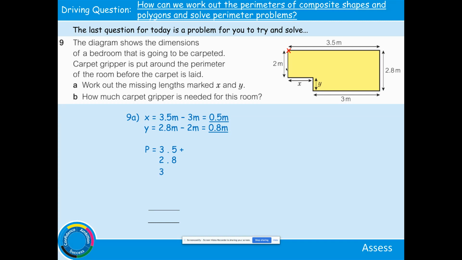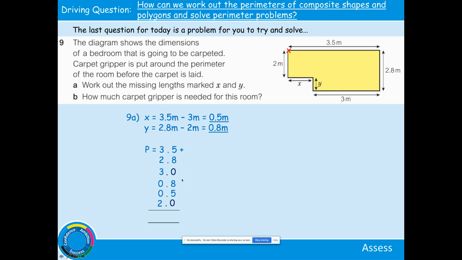Now, there's no decimal there, so I'm going to add my 0.0 so that I know I've got everything lined up. Y is 0.8, then X is 0.5, and then my last distance to the cross where I started from is 2, and I'm going to add the 0.5 so that I've got the same number of decimal points for all my numbers. So now I can do my adding up.